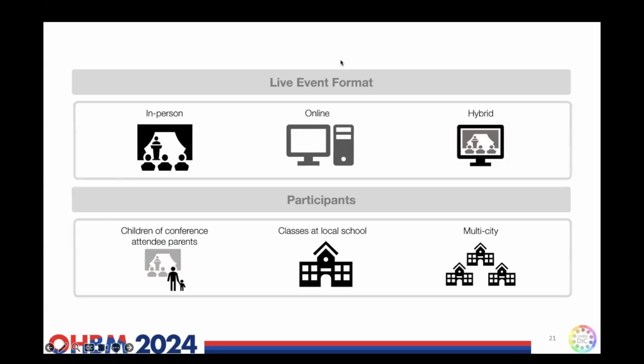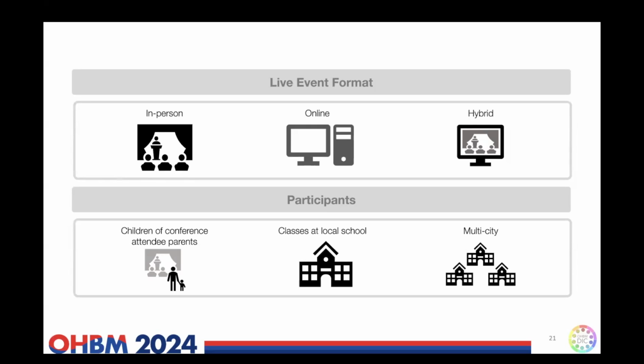Initiatives like BMT can have different formats. It can be in person, it can be virtual, and also hybrid, such as recording the session that is happening in person so that people online can also join the Q&A session if appropriate.